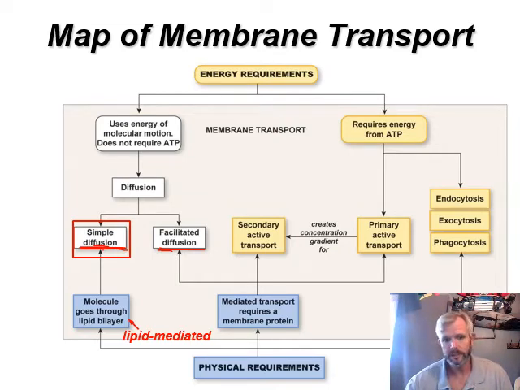So simple diffusion can take place as long as the molecule can move through, and the diffusion portion tells you that there has to be a concentration gradient. Say I have lots of steroid molecule outside the cell and very little inside the cell. Steroids, very nonpolar, are allowed to zip through the membrane, and therefore there's a concentration gradient, and I have a small nonpolar molecule. I can do simple diffusion and move through the membrane.